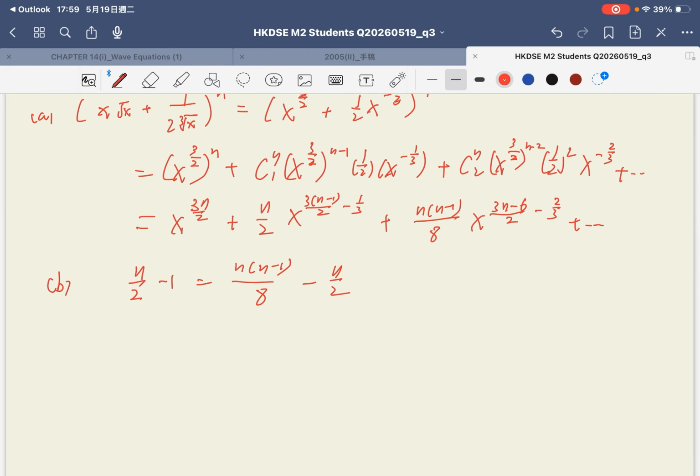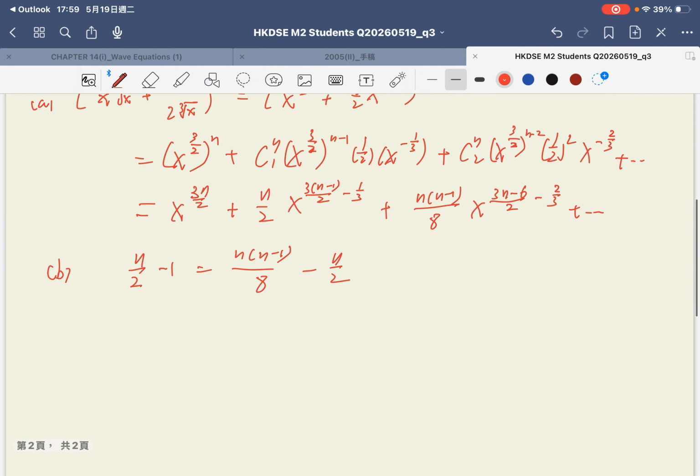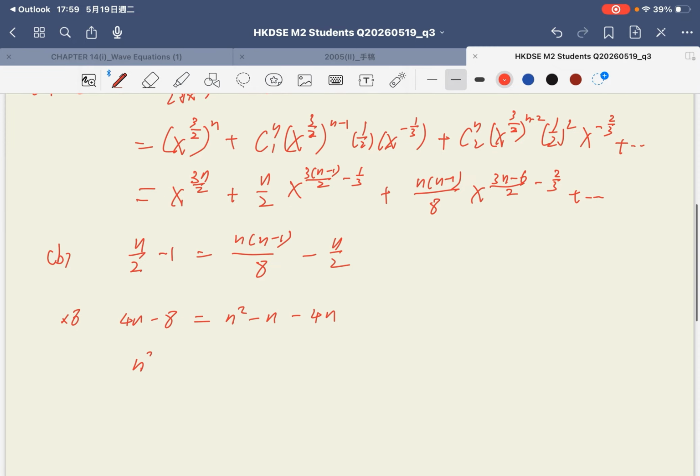Fortunately, it is a quadratic equation. We can simplify by multiplying both sides by 8. 4n minus 8 equals n squared minus n. That is n squared minus 9n plus 8 equal to 0.